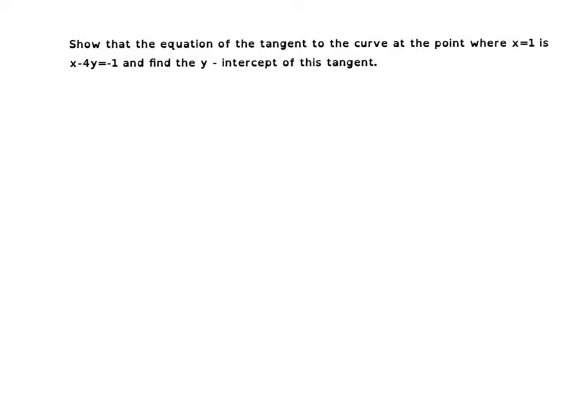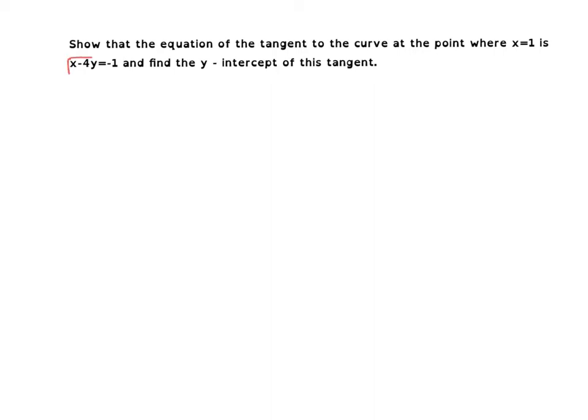So we actually have to show that the equation of the tangent to the curve at the point where x is equal to 1 is this part here: x take away 4y is equal to negative 1.